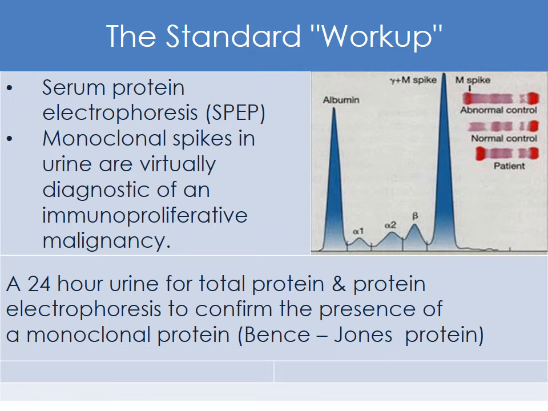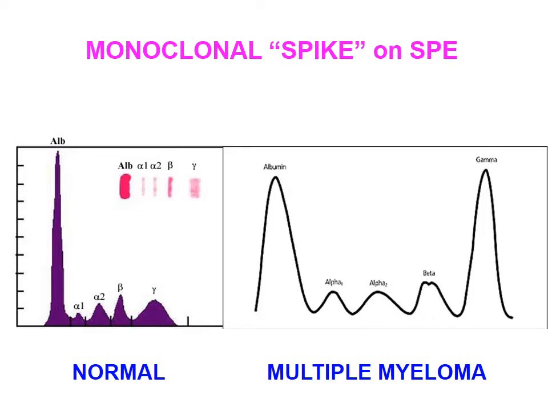Serum electrophoresis shows an abnormal M spike that is in the gamma globulin region. Similarly, monoclonal spikes will also be seen in the urine. The 24 hours urine for total protein and electrophoresis is usually done to confirm the presence of Benson's protein. In the normal electrophoresis, peak will be seen only for albumin and globulin will have only a small hump.